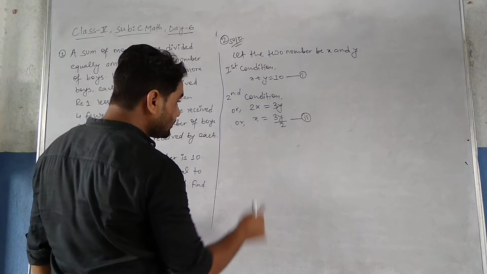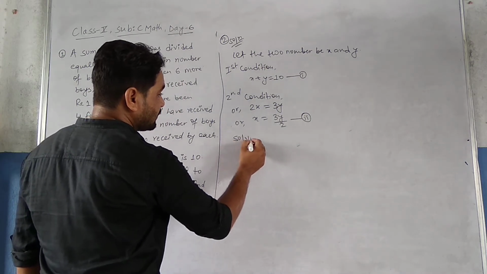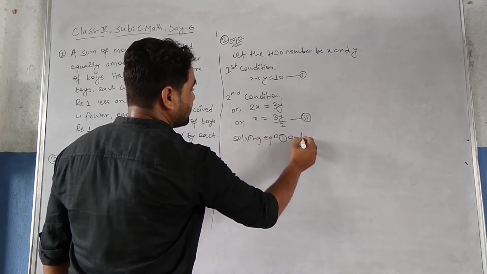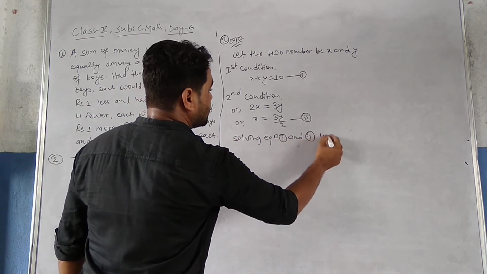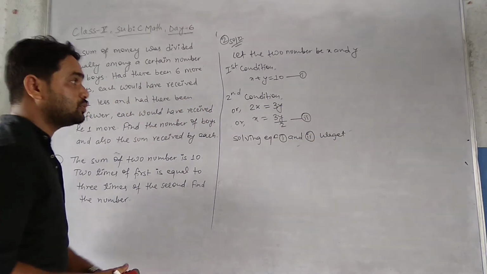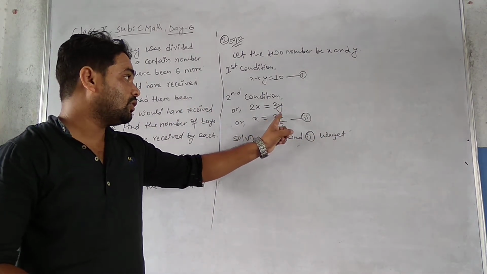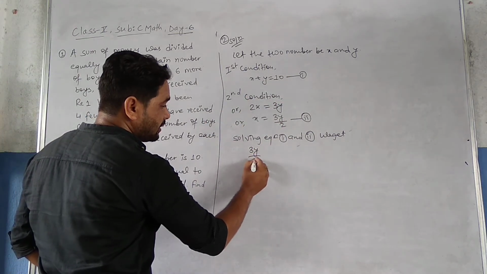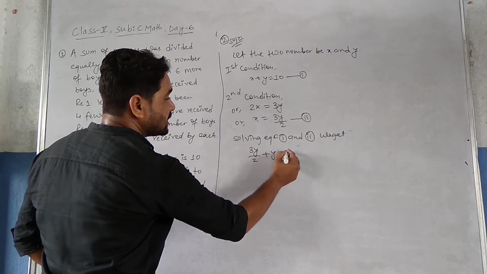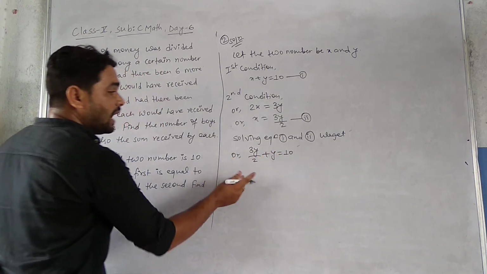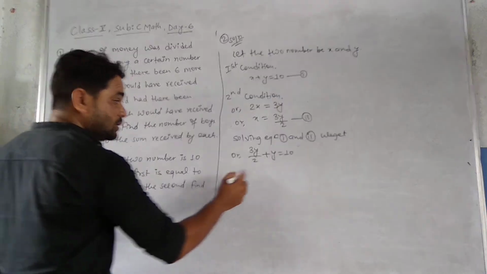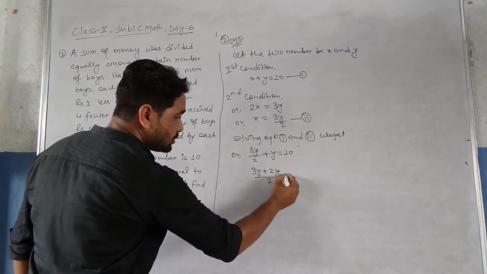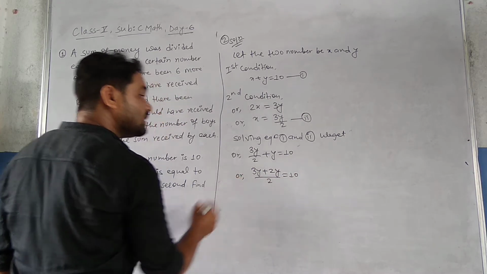When we solve equations first and second, let's put the value of x equals 3y upon 2 in equation first. So 3y by 2 plus y equals 10. 2 is in the denominator, so taking the LCM we get 3y plus 2y by 2 equals 10.